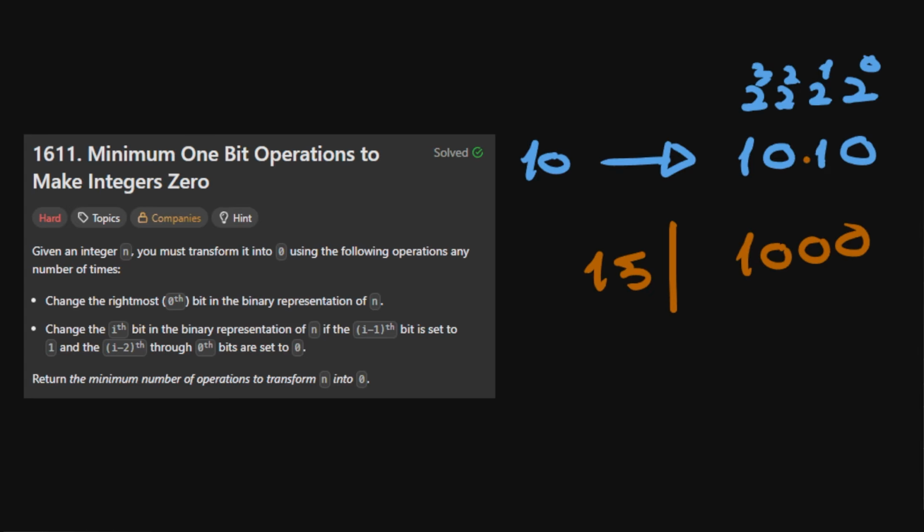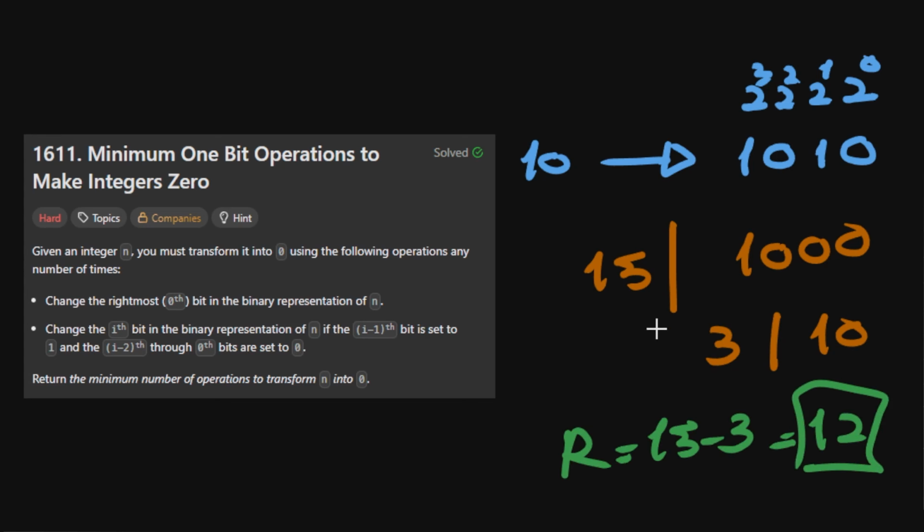We can also get the result of this subproblem, this power of 2, and we know that it's 2 to the power of 1 plus 2 to the power of 0. So the result for this is 3. And now we can take this and subtract this, so we return 15 minus 3, meaning 12.